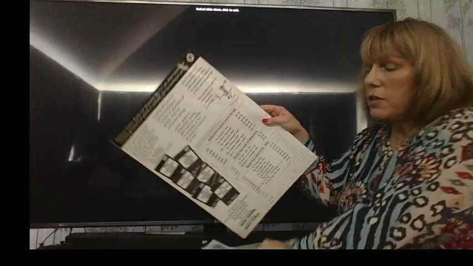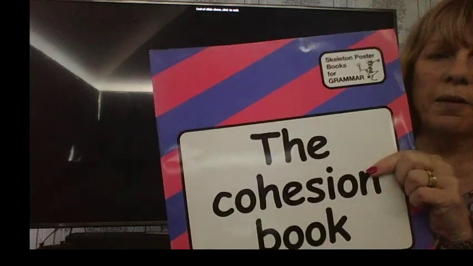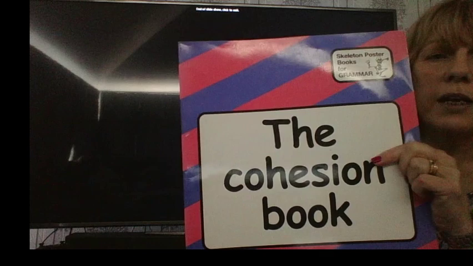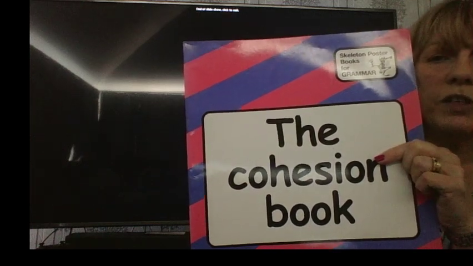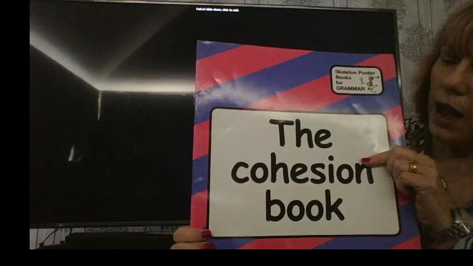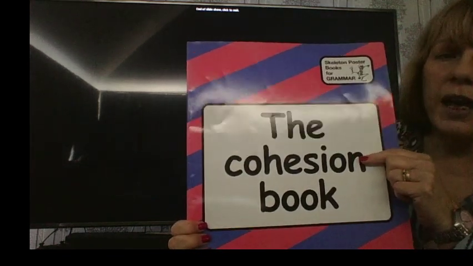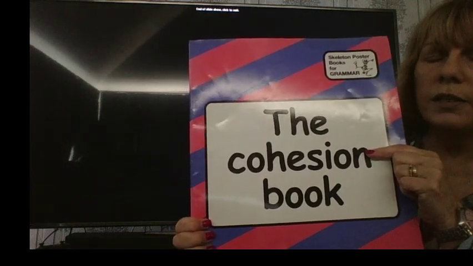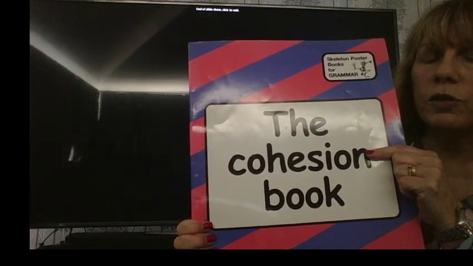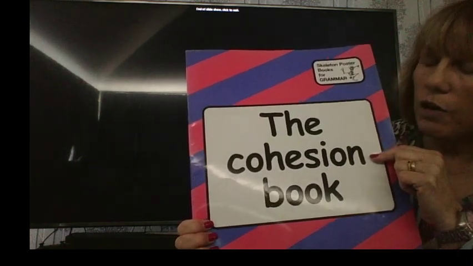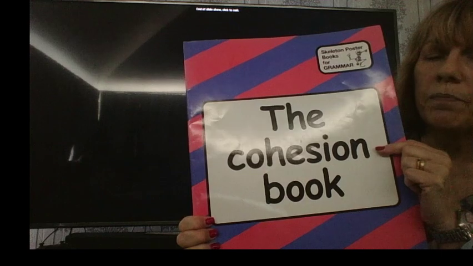And I'm also going to look at cohesion. Now today was focused quite a lot on entry 3, so I hope it was revision for those people who are working at higher levels. However, cohesion is the really big thing about moving on to level 1 and level 2. So I'm just going to leave you with the idea of what cohesion is.